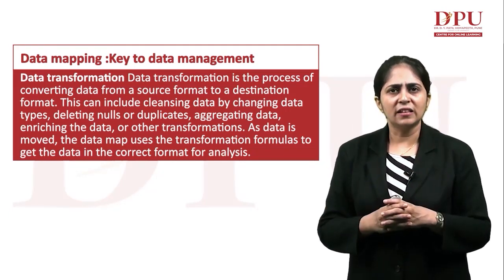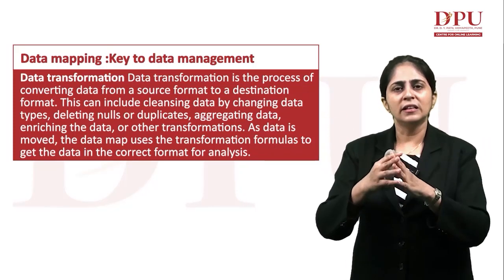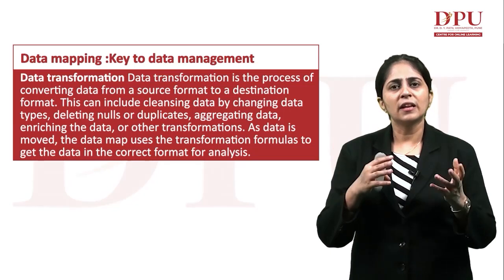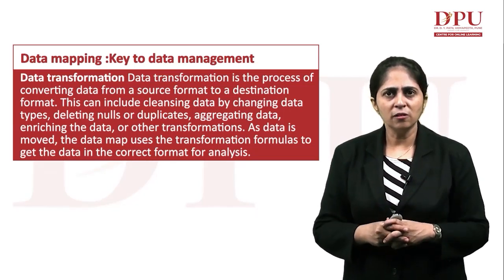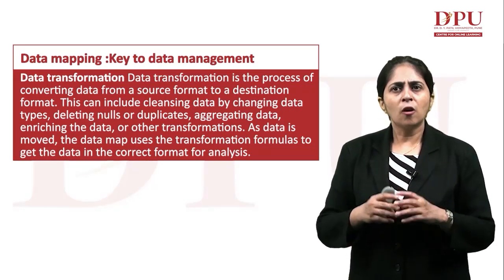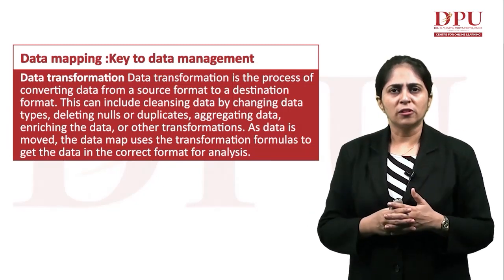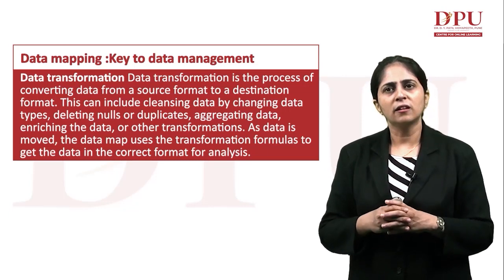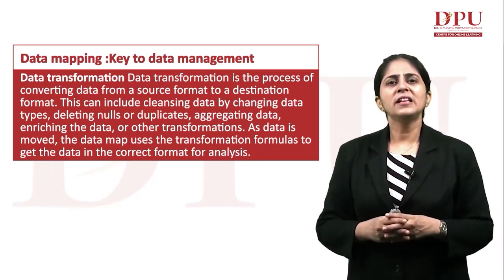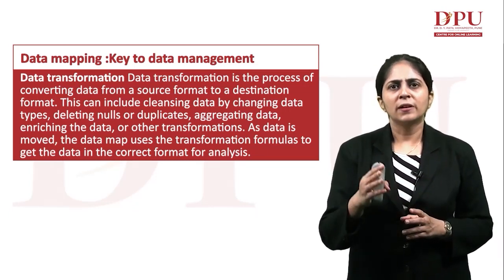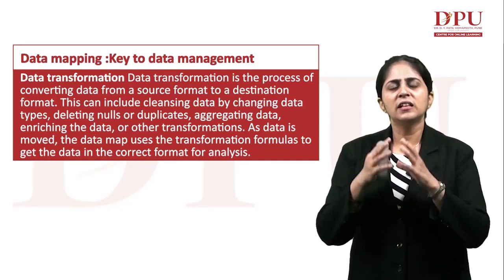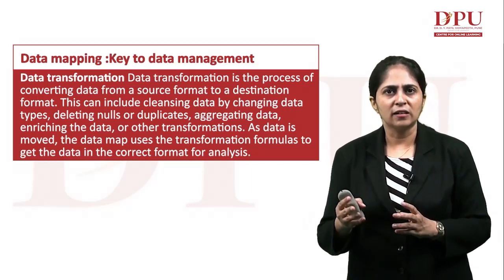Then aggregating the data, which means combining all the data to form a particular result, is another thing that can be done during data transformation. Enriching the data or any other kind of transformation can also be performed during this task. As the data is moved, the data map uses the transformation formulas to get the data in the correct format for analysis.